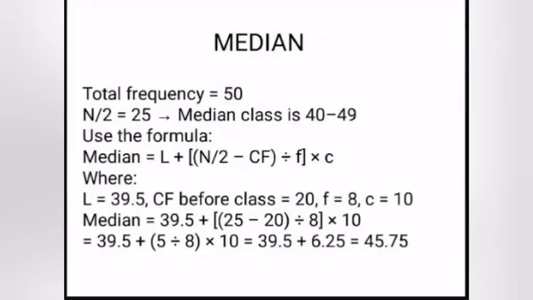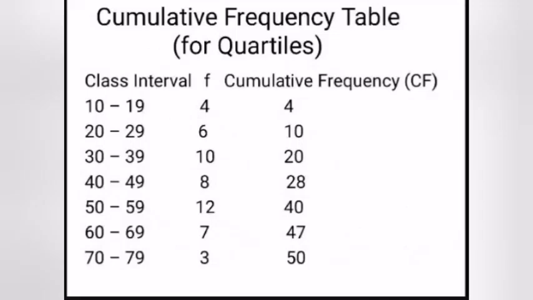So I think I'm making a mistake somewhere. And so yeah, our cumulative frequency table is 4, 10, then 20, then 28, then 40, then 47, then 50.